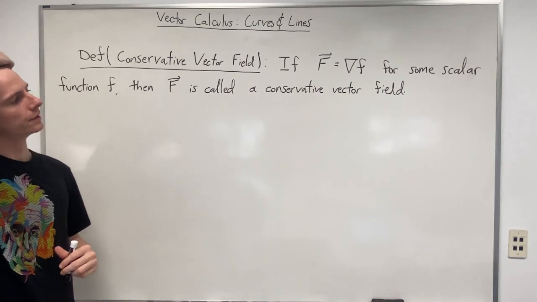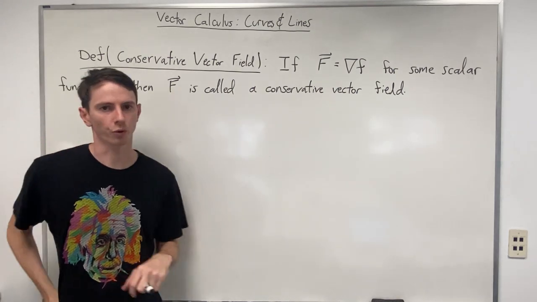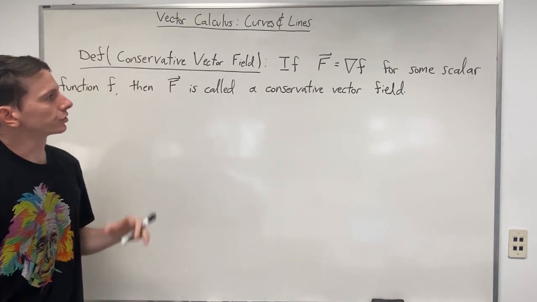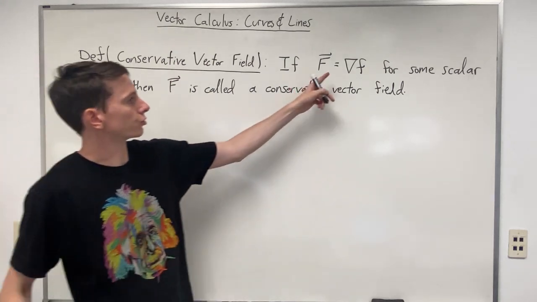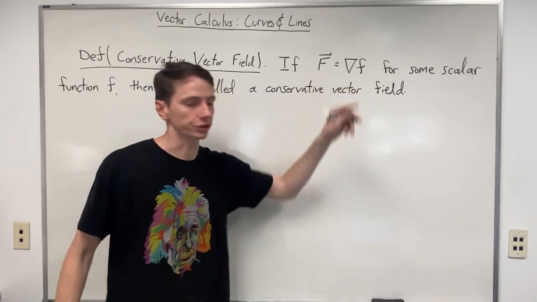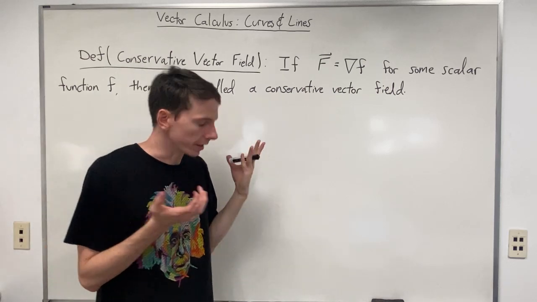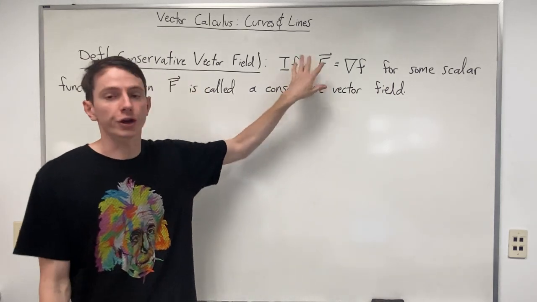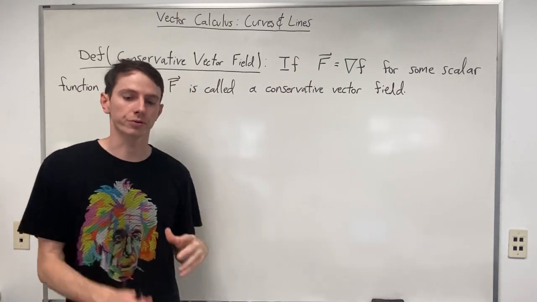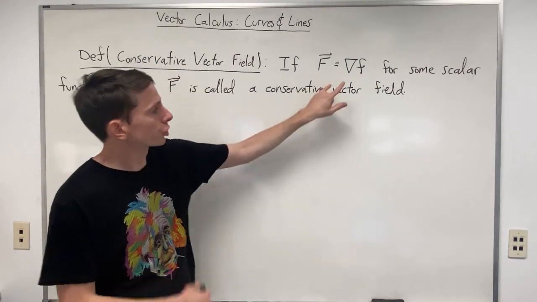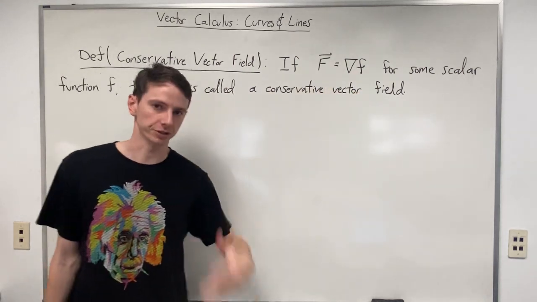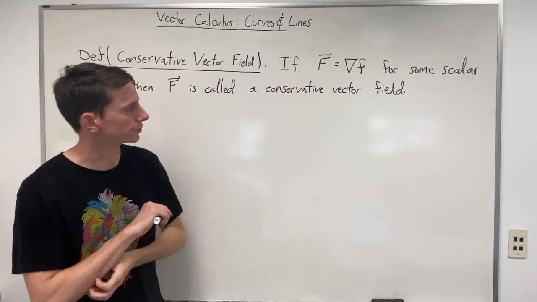So a conservative vector field is simply defined as the gradient of a scalar function. If you have a vector quantity and you're able to express it in terms of the gradient of some scalar function, then that vector field is conservative.